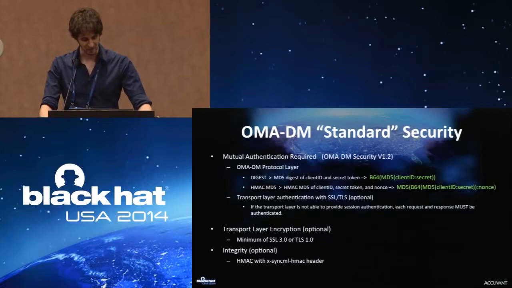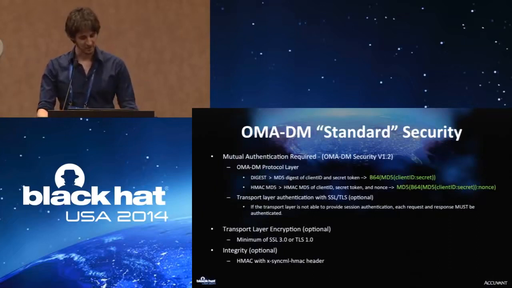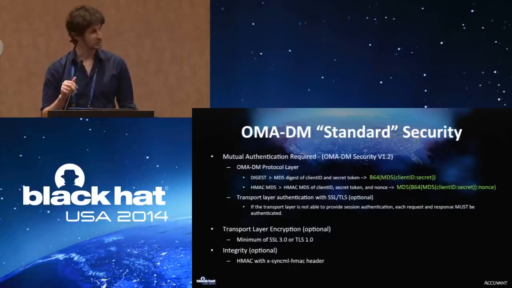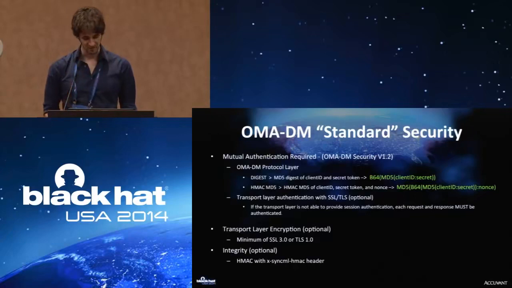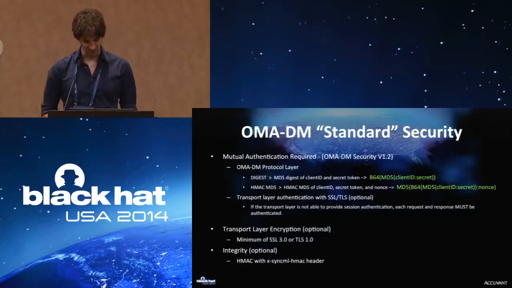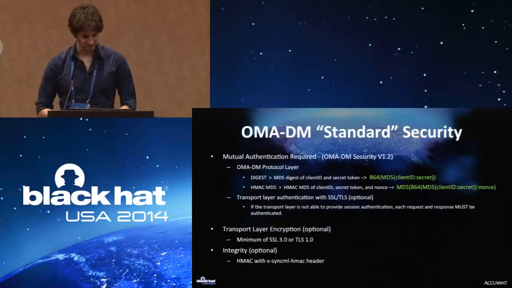Basically, if there is no transport layer authentication, each request must be authenticated. I'm sorry, what also is optional is the integrity and the transport layer encryption. So this protocol was designed to be mostly secure, I guess, for the authentication part, and the other components are optional. So it was kind of the choice of the implementation to have those features.